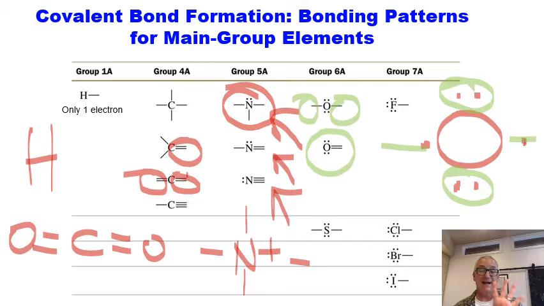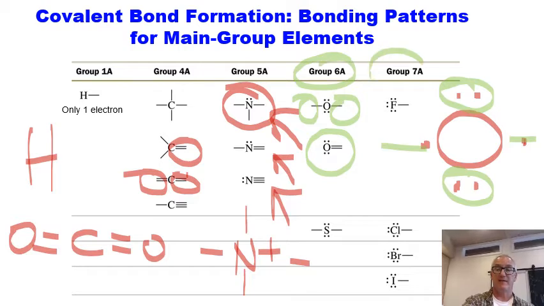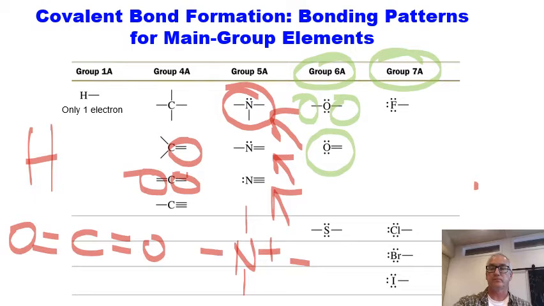Then when we add an additional electron, now we've gone from 6 valence electrons, now we have 7. Those are the halides: fluorine, chlorine, bromine, iodine. Let's draw what that would look like. So I'm going to draw fluorine this time.